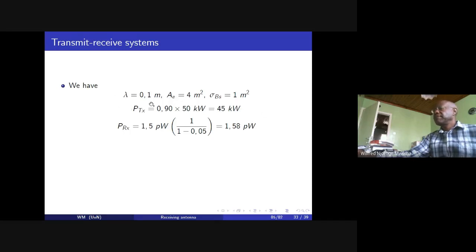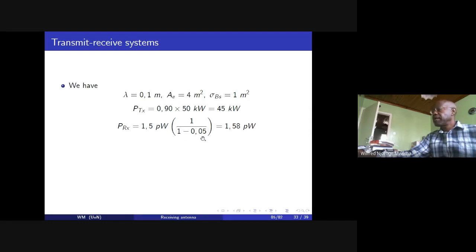This is information that we already have given in the equation. Another thing we have is that the transmitted power to the scatterer is just 90% of the 50 kilowatts of the antenna, and we get a value of 45 kilowatt. And therefore, the received power is going to be given by the 1.5 picowatt multiplied by 1 over 1 minus 0.05, where this is, of course, the reflection.